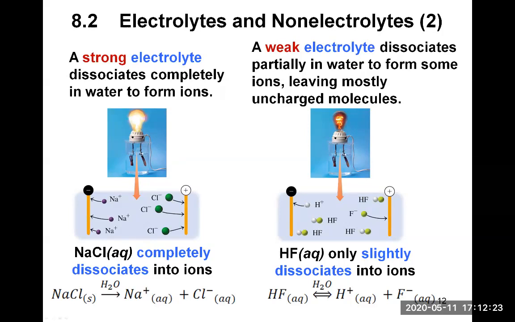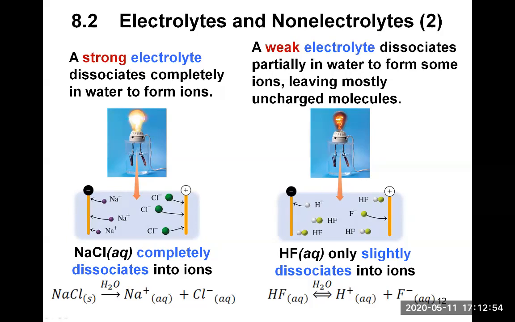So it's a mixture of both, and you can see from the illustration of the atomic level that you have a lot of HF molecules. HF, the white and green ball together, bonded, and only a few ions, one H plus and one F minus. So typically when you have a weak electrolyte, it's because it's really weakly dissociating into ions, and you have a very small proportion of ions in comparison to the amount of the neutral molecule.